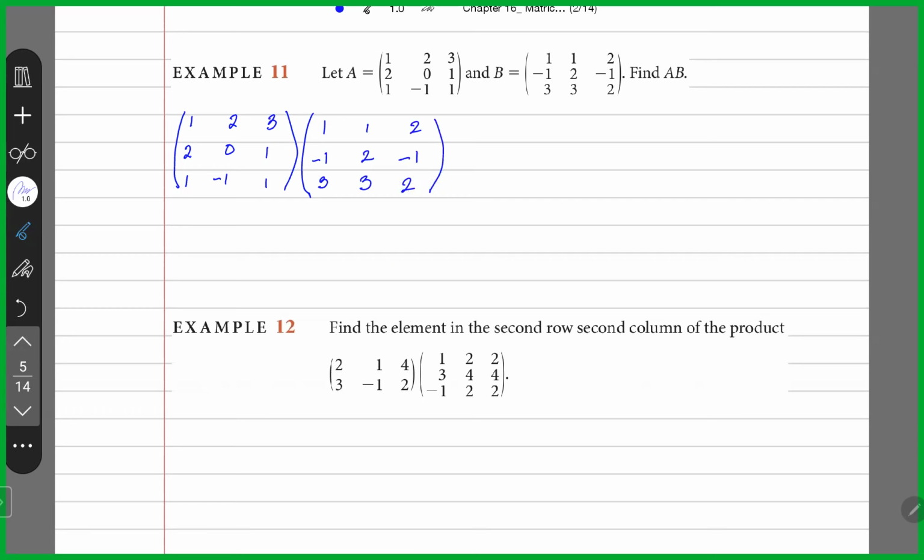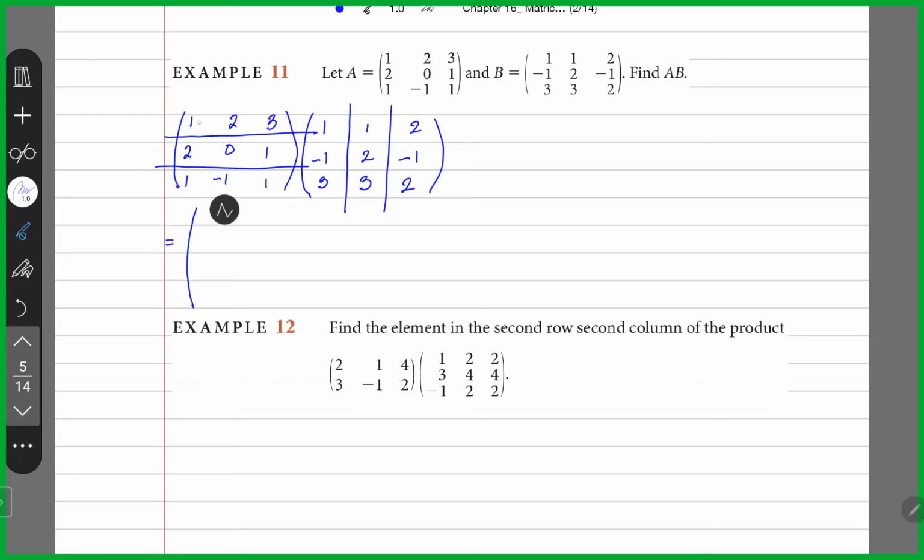Whenever we multiply two matrices, we multiply the rows of the first matrix by the columns in the second matrix. Whenever we multiply a row by a column, we get an element in the answer. How do we multiply a row by a column? First element in the row, first element in the column.